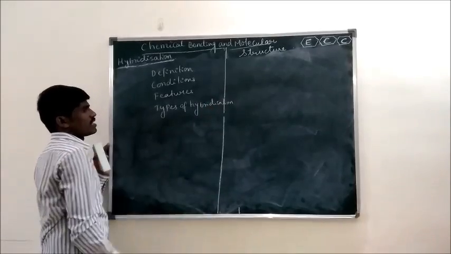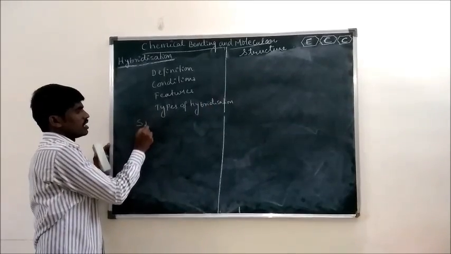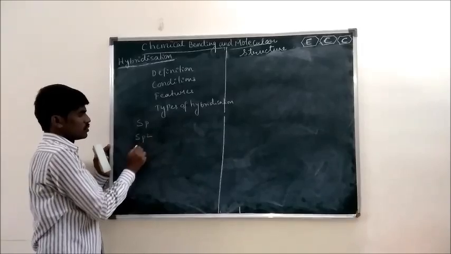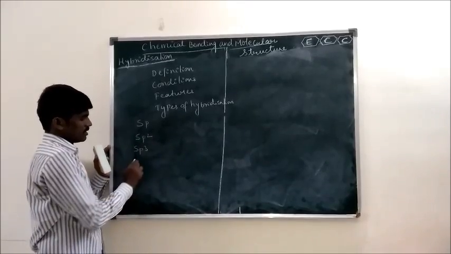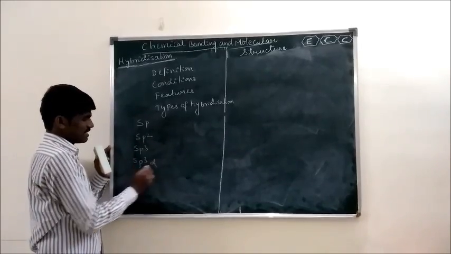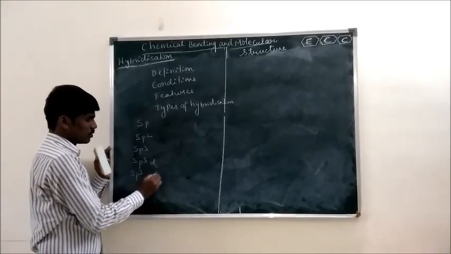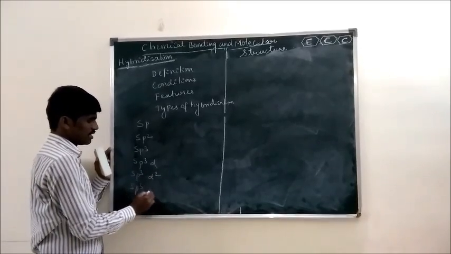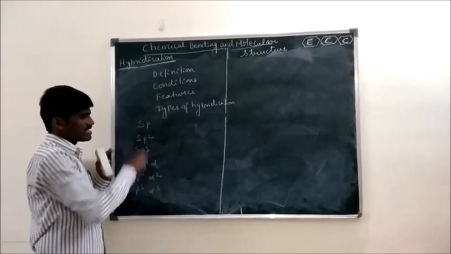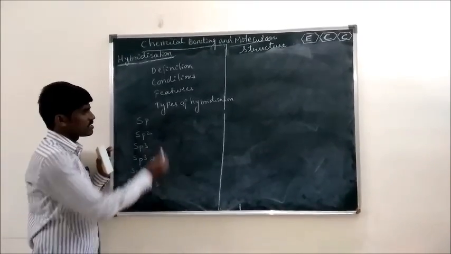There are a total of 6 types of hybridization: sp, sp2, sp3, sp3d, sp3d2, sp3d3. These are the 6 types of hybridization we have discussed.